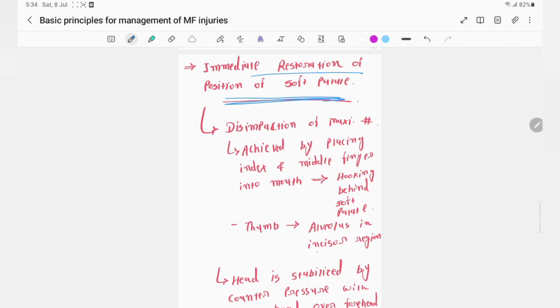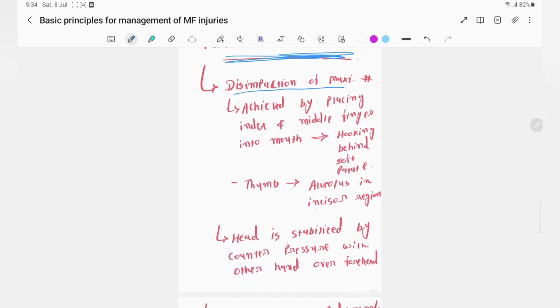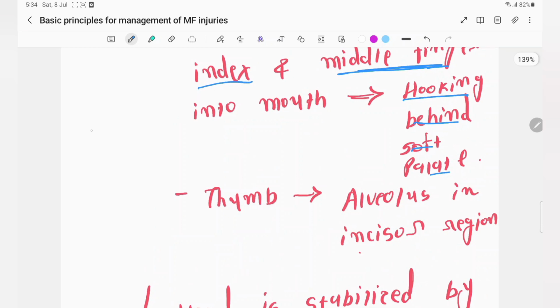So to give proper position to the soft palate, we have to disimpact a maxillary fracture. So for disimpaction, we have to place our index and middle fingers on the soft palate, hooking behind the soft palate. Okay, how? Suppose this is your palate, this is your soft palate.